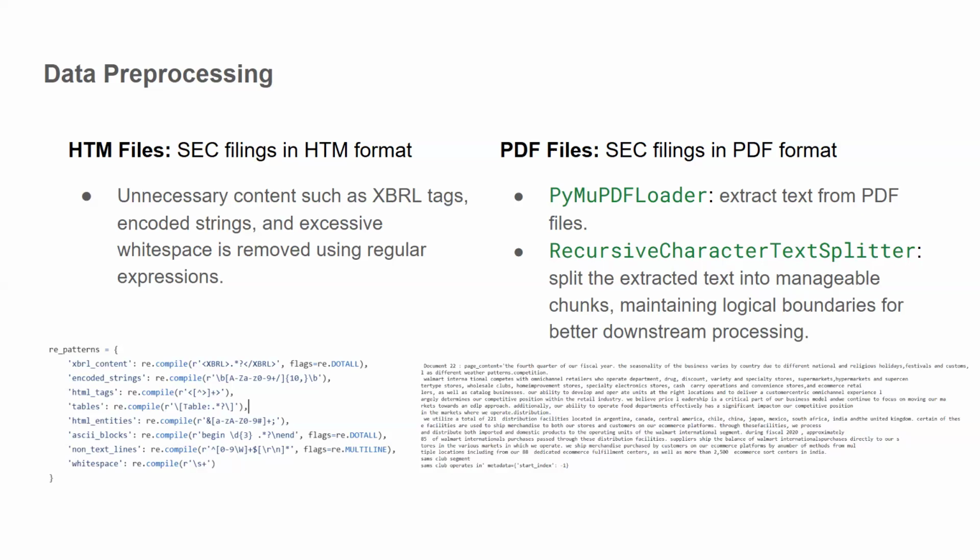The PDF loader essentially extracts text from PDFs, handling various formatting styles and embedded objects. And the recursive character text splitter splits text into manageable chunks. After extraction, the text can be processed and stored for downstream tasks.